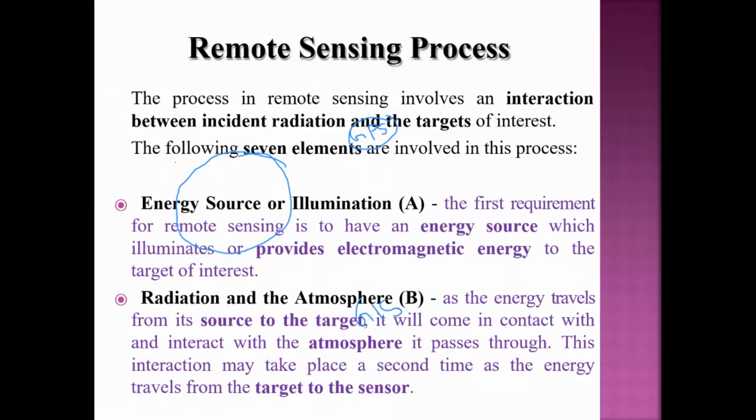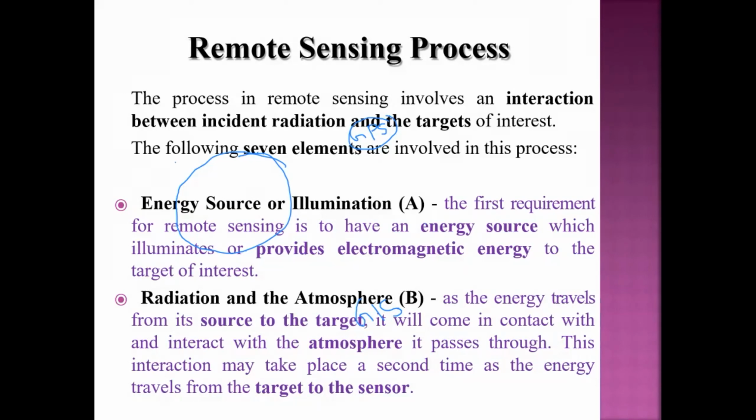So at first we need an energy resource. Later on I will discuss that there are two types of sensors on the basis of the energy source, passive sensors and active sensors. It provides the electromagnetic energy to the target of interest.